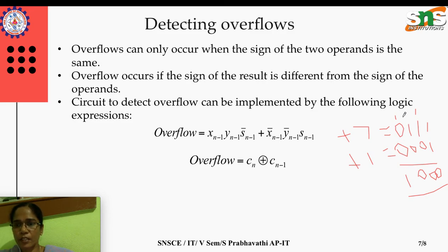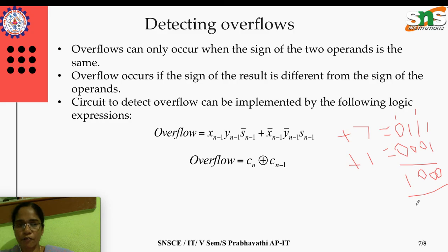Here both sign bits of the inputs are the same and the resultant sign bit is changed. That's the meaning given here: overflow occurs if the sign of the result is different from the sign of the operands. If we have 1 1 and the resultant bit is 0, this answer is also wrong. Overflow means we don't have that much circuitry designed to accommodate this value.